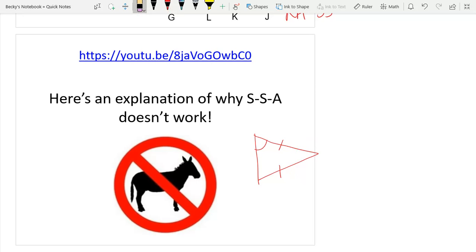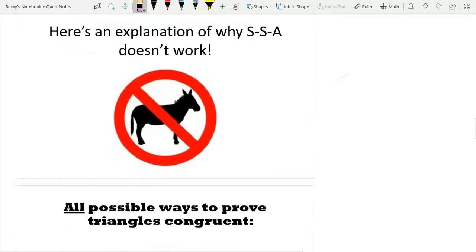So what can happen is we can flip it in. That's not great. But I can flip it, and that's isosceles. And so this could go away, and it still has the correct lengths of sides. And obviously, those two triangles are not congruent to each other. So if that confuses you, watch the video. It's very, very short, and it does a great job of explaining it to you.